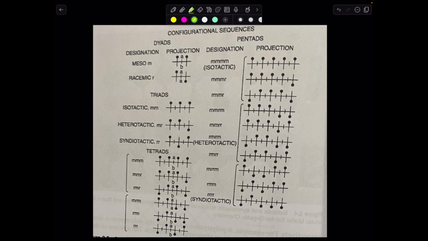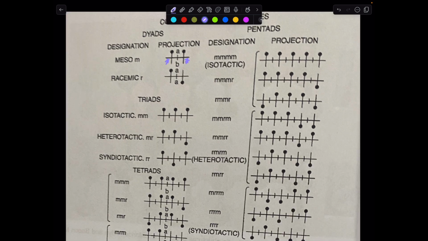This is a picture of the configurational sequences of a monosubstituted polyethylene. If we consider two consecutive pseudochiral centers in the chain, then we are looking at a dyad.